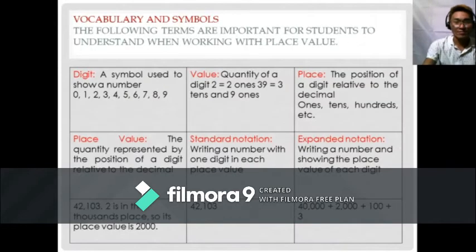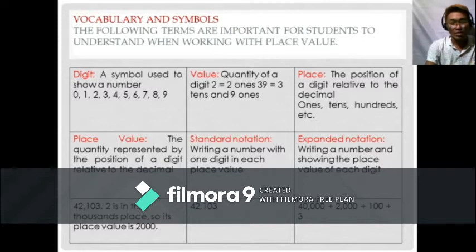Next. Since we are studying mathematics, obviously you have to memorize the symbols of mathematics so that you know how to understand the concepts, the values, or the words of mathematics. I have here the vocabulary in symbols.